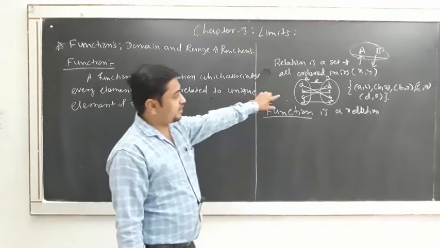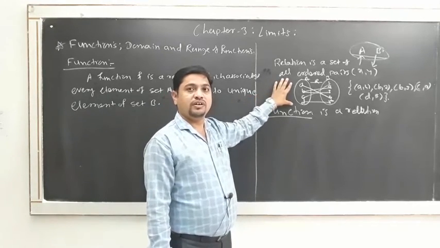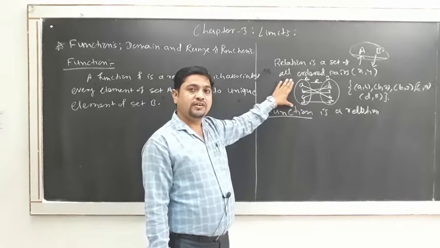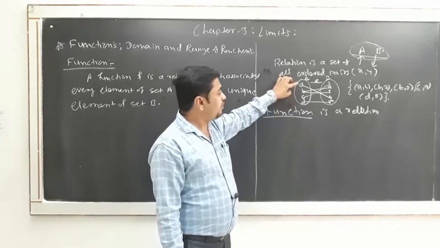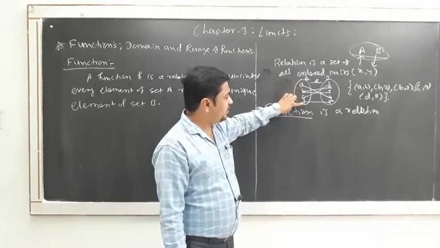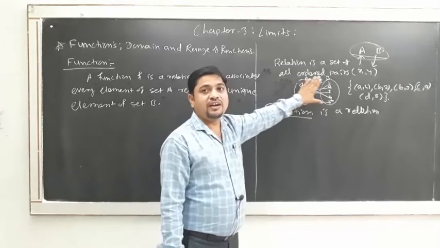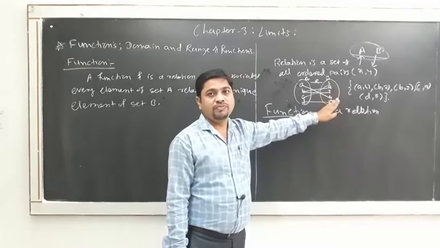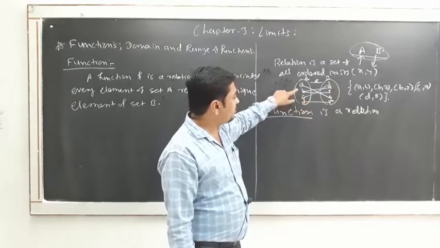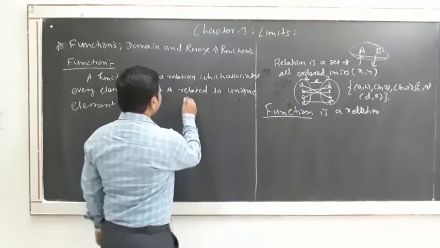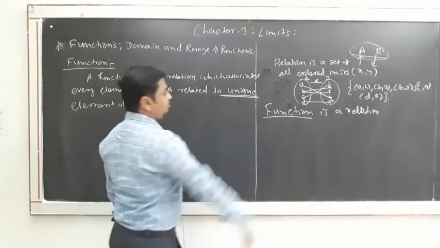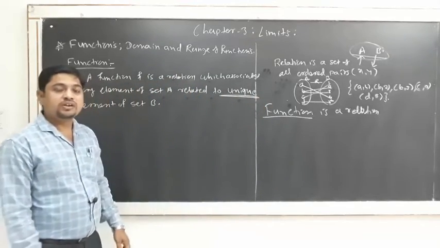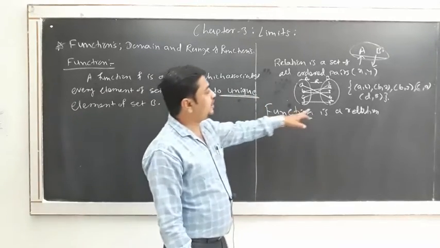Suppose you take this example. Is it a function? Every element, a, b, c, d, is related to set B. But what can you say about the unique element from set B?